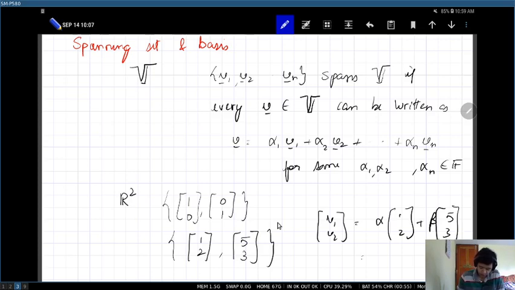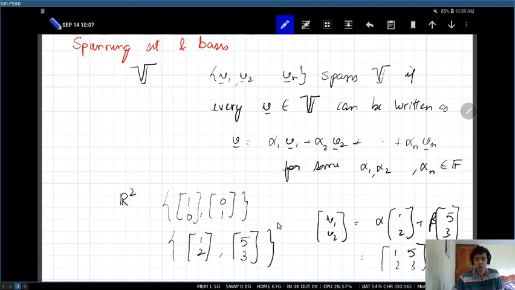Or in other words, as the matrix [1 5; 2 3] times (alpha, beta). Since this matrix is invertible, irrespective of what v1 and v2 are, you can always find appropriate values for alpha and beta, right?